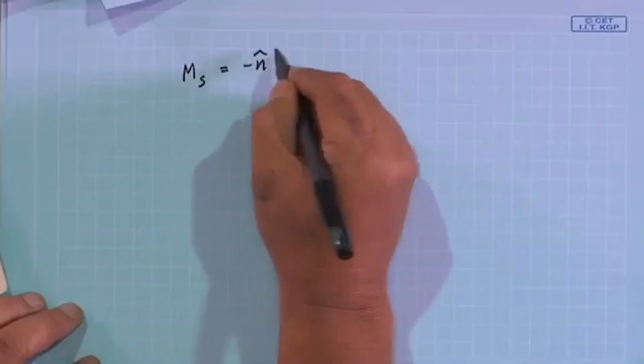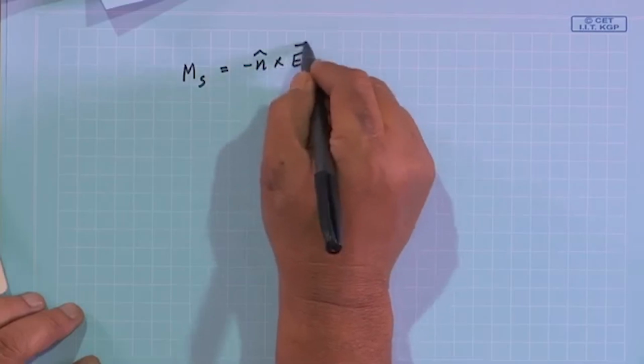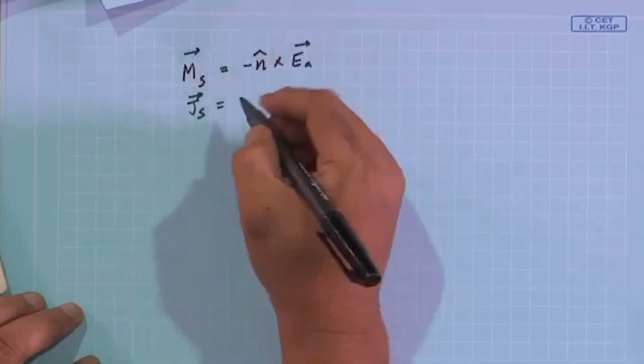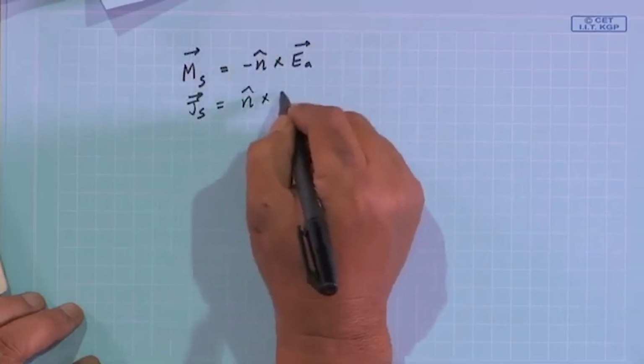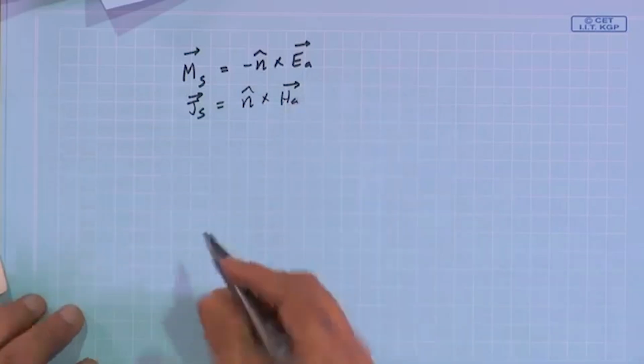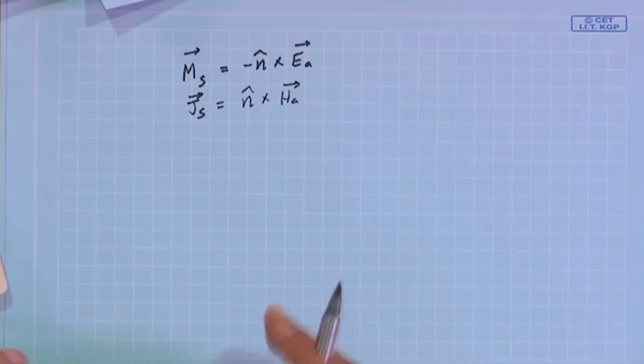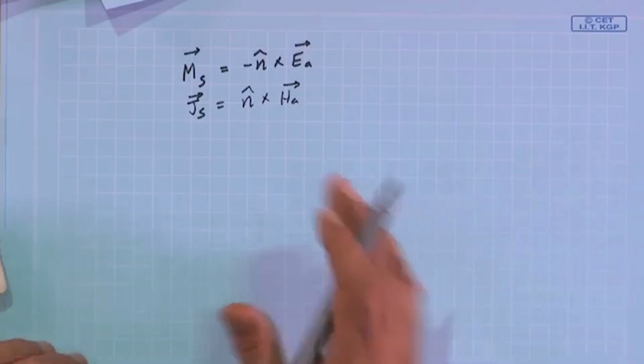That means MS is minus N cross EA, and JS is N cross HA. HA we know, so we will have to find J. We will have to find the fields due to these and then sum both of them. That means N theta, N phi, L theta, L phi will all be present.